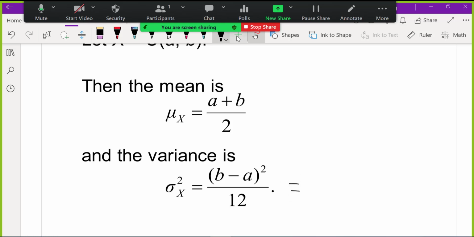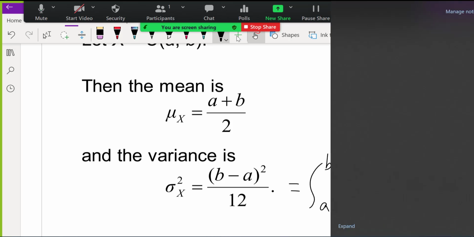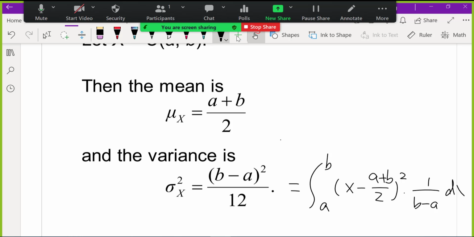For this one, we know it's from A to B. And each value x, how far away from the mean, right? And then squared. And then multiply by the density function, f of x. So you solve the integral, you will find out. Yeah, sometimes that 12 sounds very odd, right? This is how you find it out.